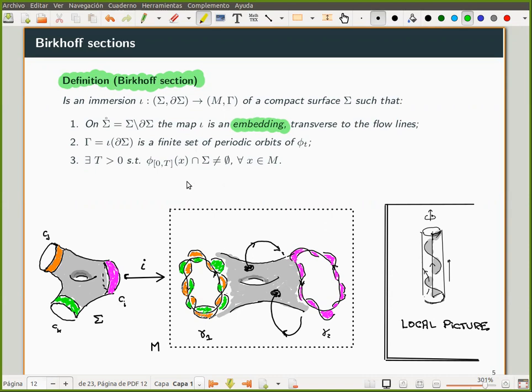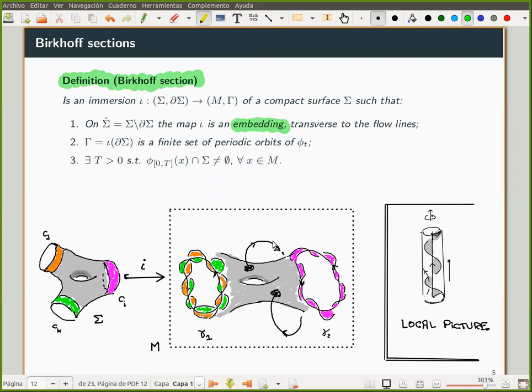So we have some picture here of what a Birkhoff section is. On the left, we have a surface sigma with three boundary components. This surface is immersed in our three-manifold. The boundary components are sent into periodic orbits of the flow, and along the interior, the flow is transverse.